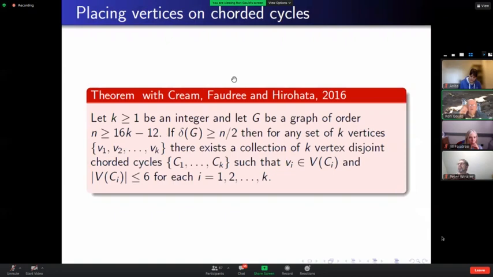With Cream, Faudree, and Hirahata, again, same paper, we were able to show for n big enough and minimum degree at least n over 2, then any set of k vertices, we could find a collection of k vertex disjoint chorded cycles, C1 to CK, such that vertex VI had to be a vertex of the cycle CI. And again, we could make the cycles reasonably small. They're no bigger than 6 cycles.